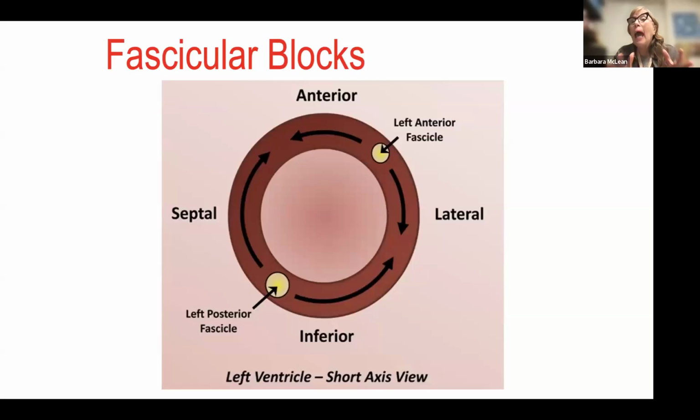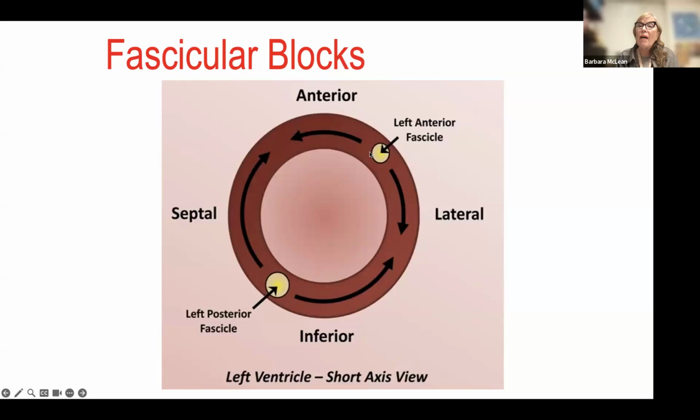In order to attempt to show you in a 3D model, here is your anterior fascicle, here is your posterior fascicle. And when those are both activated, basically at the same time, they cancel out the direct visualization of one fascicle versus the other. But when one fascicle is blocked, what we're going to see is the current activation from the other fascicle.